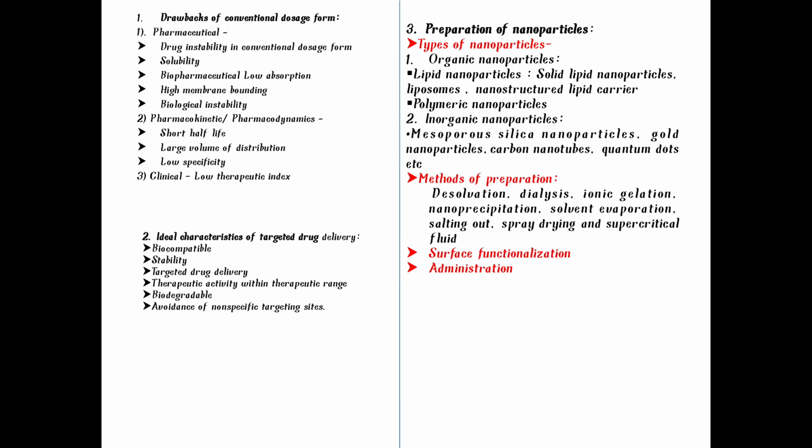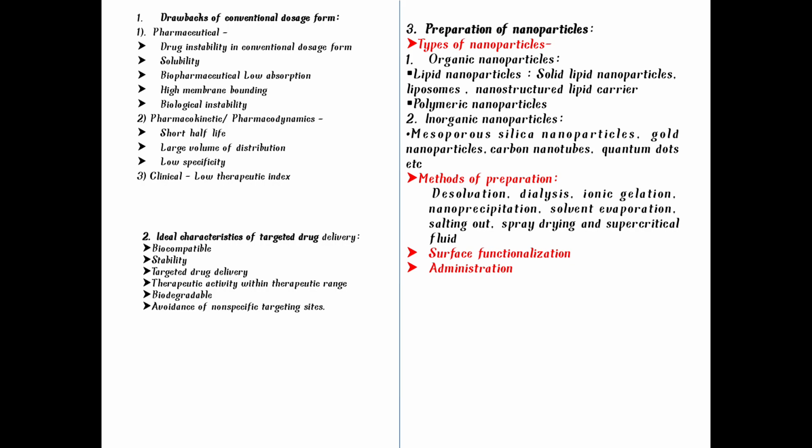Now when we go to pharmacokinetics and pharmacodynamics, some drugs have a short half-life, for example the diabetic drug metformin hydrochloride, a very short half-life drug. When the half-life is short, the frequency of administration is increased so that the therapeutic window in our body can be maintained.